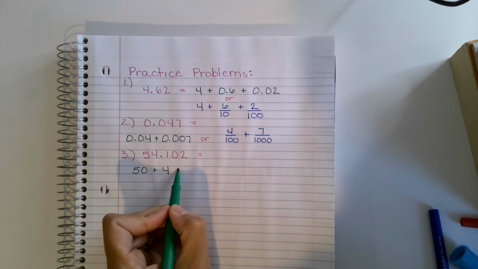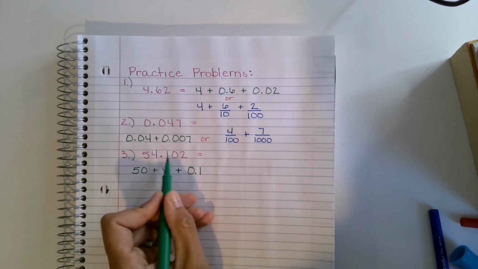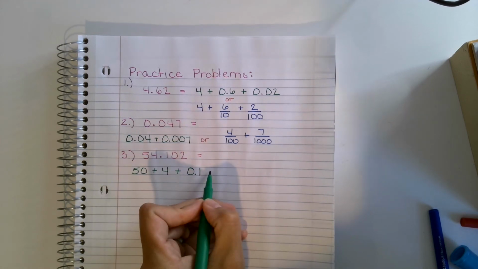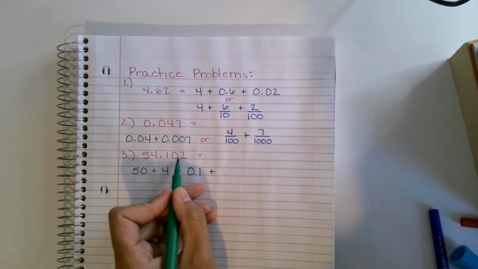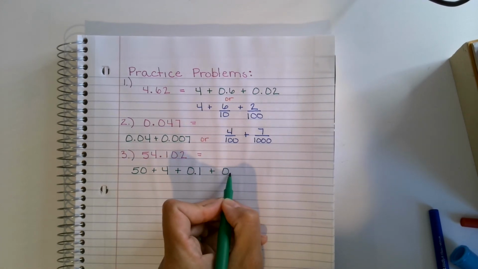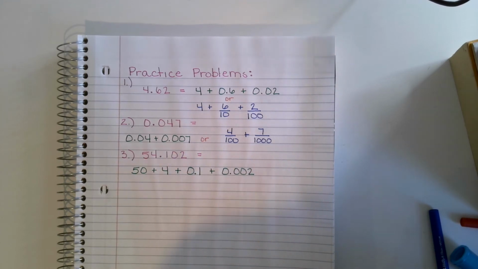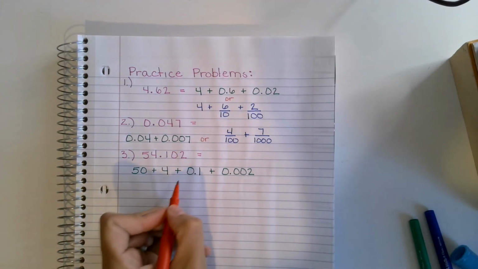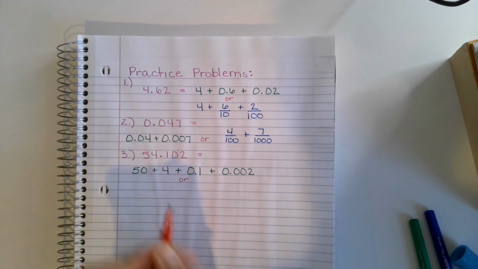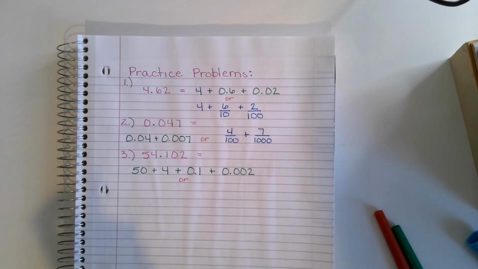Now we're getting to the decimal part, plus 1/10, because it's in your tenths, plus, do I have to write this 0 hundredths? No. So just go to the 2. We have 2, and it's in the thousandths, so make sure you have 2 zeros to push that 2 to the thousandths place. All right, so the other way that you can write it is with your fractions.